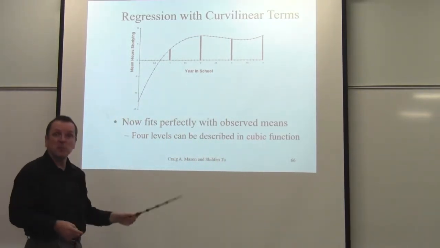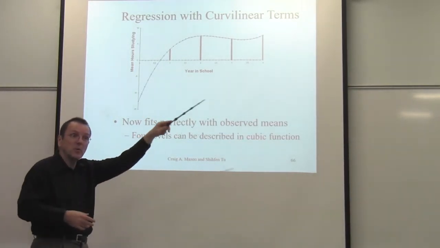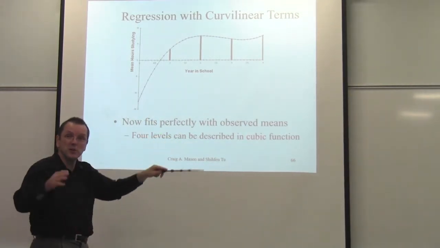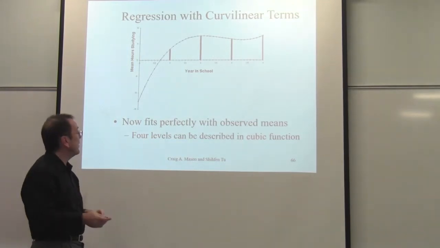I'll just keep making it more and more complex, and keep adding quadratic terms and cubic terms and interactions between this cubic term and that quadratic term, and I get a better and better fit over time.